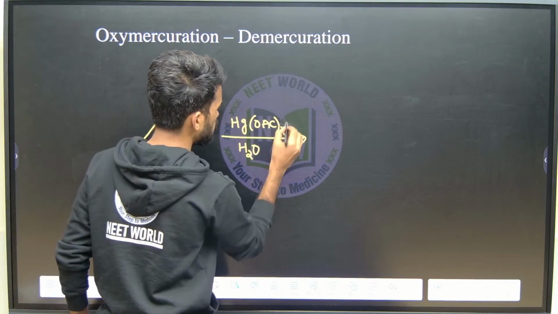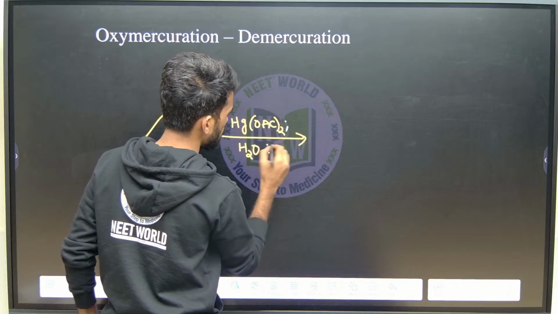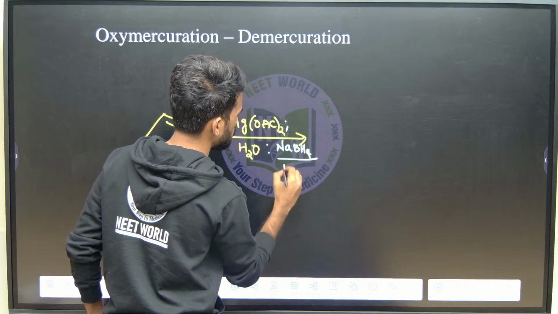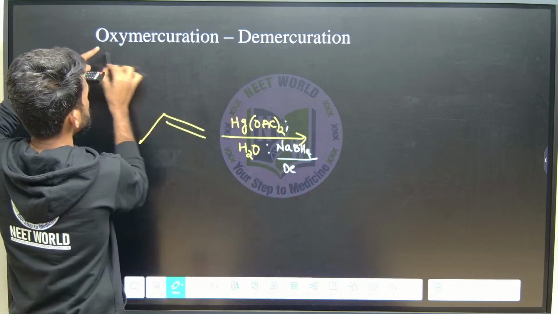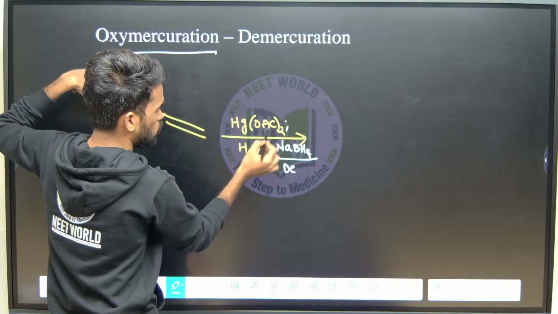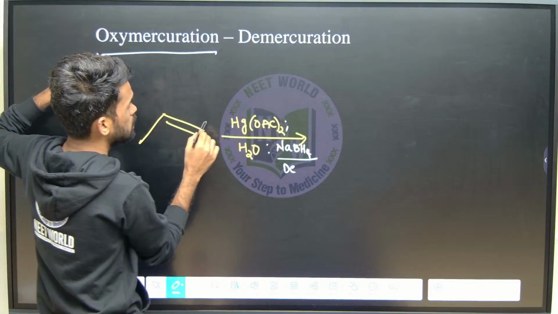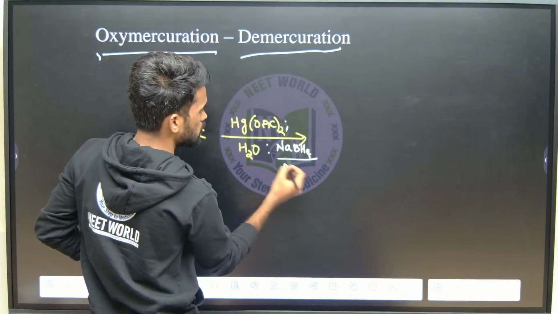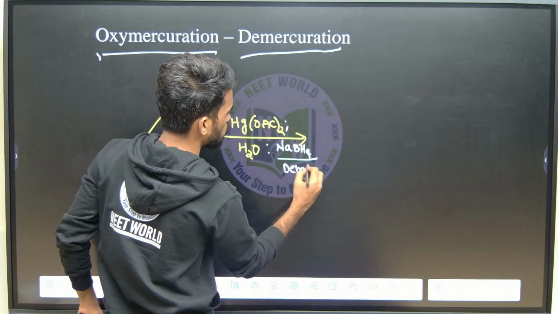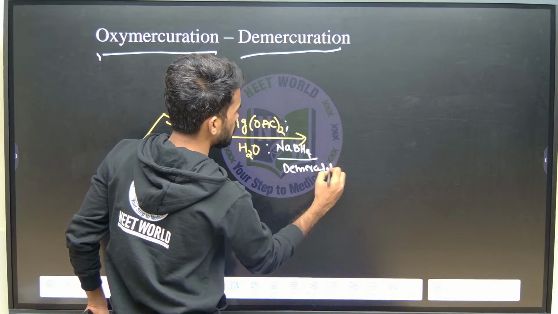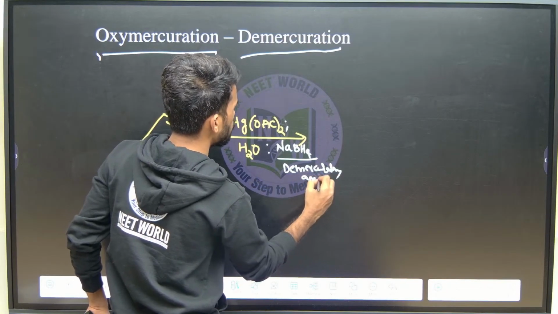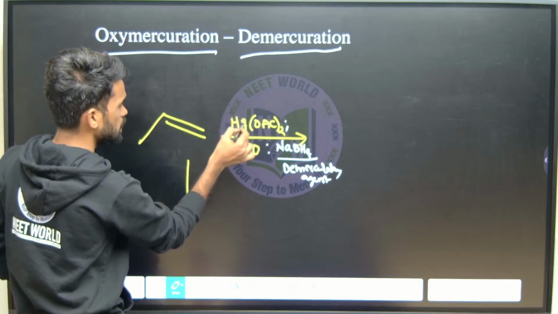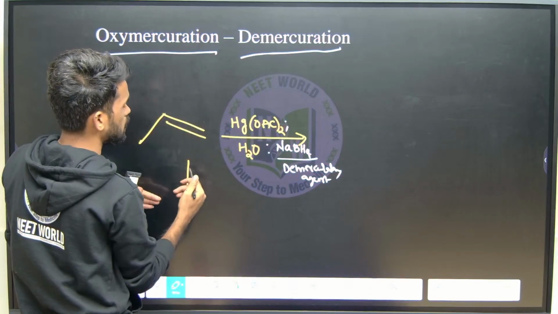And after this I am using NaBH4. This NaBH4 is a demercurating agent. See, oxymercuration means we are mercurating the alkene first, then we are demercurating it. For this demercuration purpose, I am using NaBH4 as a demercurating agent. Now what happens here is, first of all, this Hg will make a 3-membered cyclic ring.